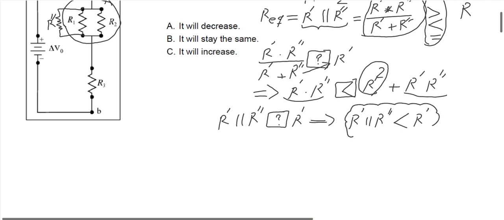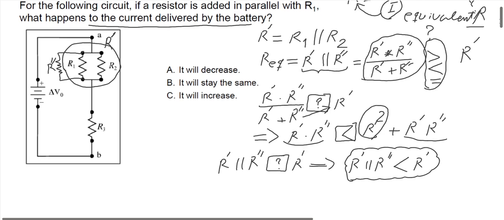It's a very important outcome which we're going to use a lot in future. Considering this outcome, by adding another resistor here, the equivalent resistor of this branch has decreased, and R3 has not been touched.